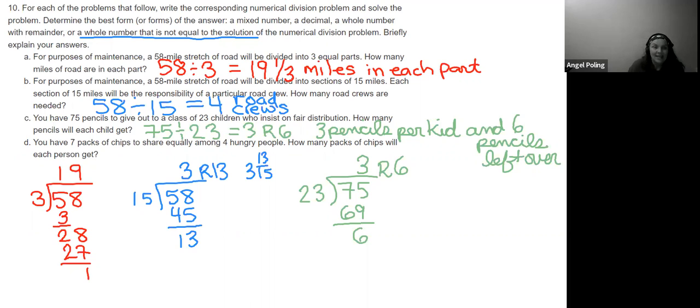Okay, D, you have 7 packs of chips and share equally among 4 hungry people. How many packs of chips will each person get? Okay, so this time we have 7 bags of chips, and we're going to split it amongst 4 people.